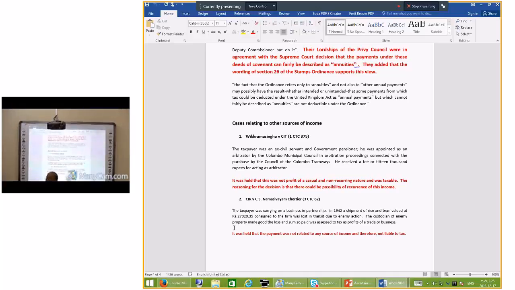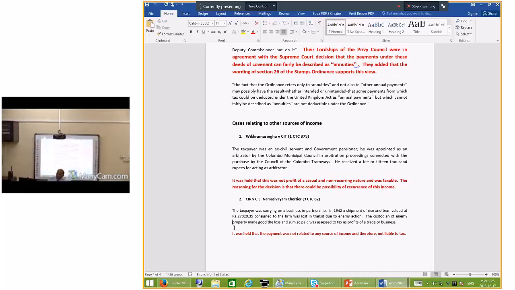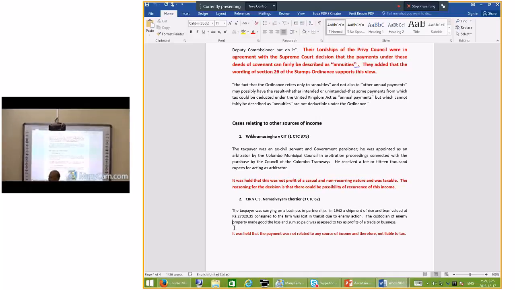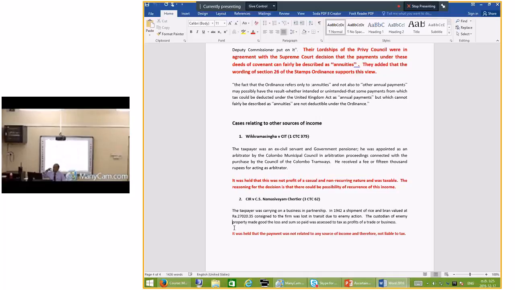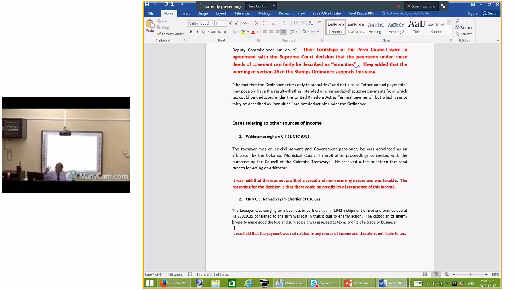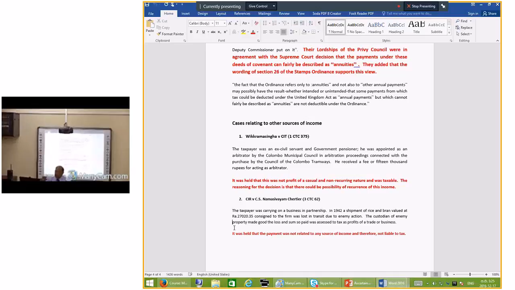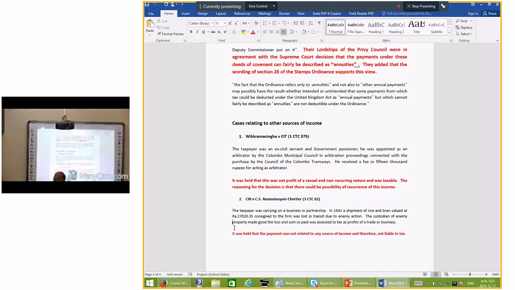Then, without identifying them as commercial ships, the enemies fired on them, and they lost their goods on the ships. But the consortium of the enemy properties made good the loss. You know, the parties involved in the war pay compensation for any loss incurred by other parties, right? In that way, the gentleman received this amount as compensation.